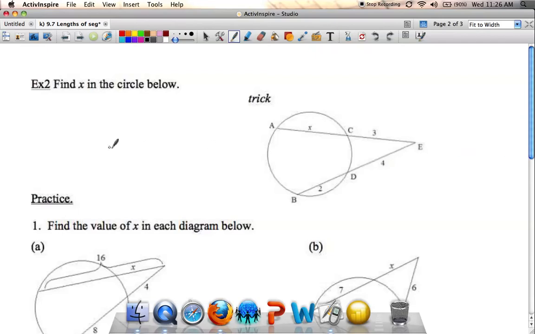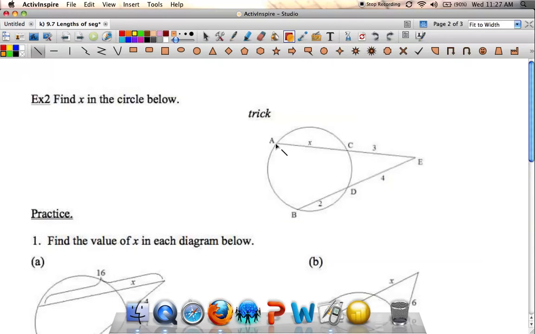So here is another picture where we have to figure out how to find x given we have these secants. So the trick again is to draw in some chords. We'll draw in chord AD, and we will draw in chord BC. And we'll look at these triangles.